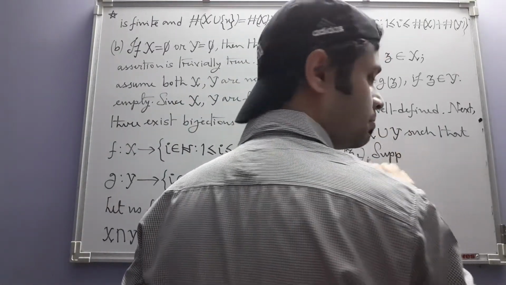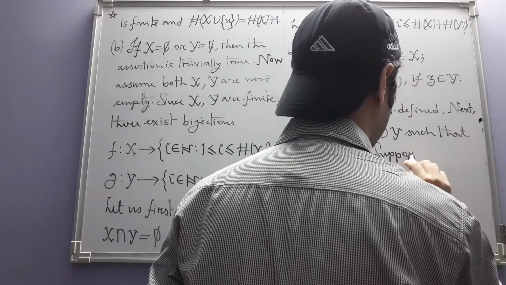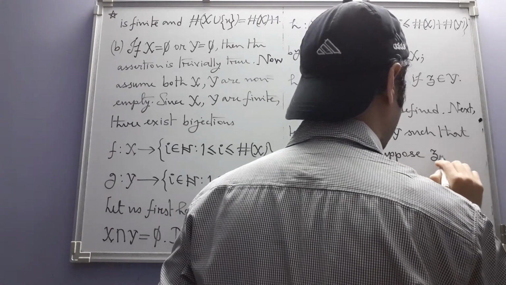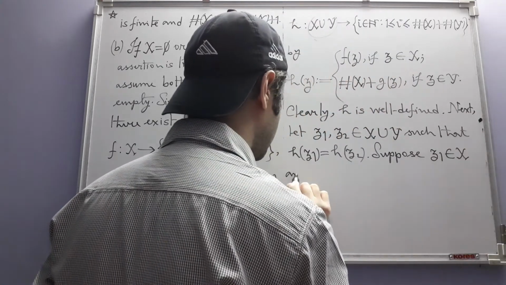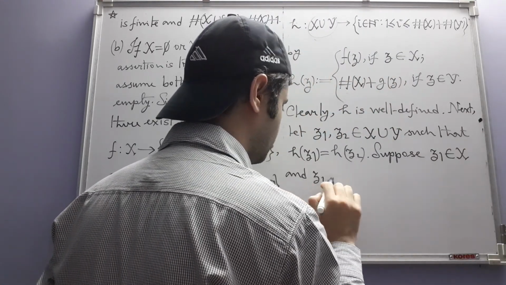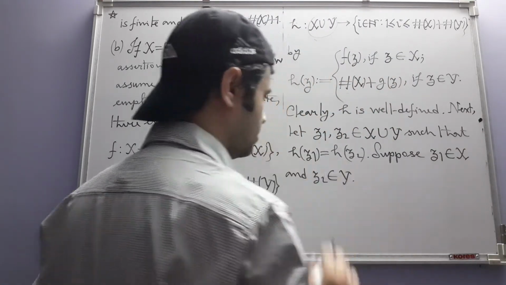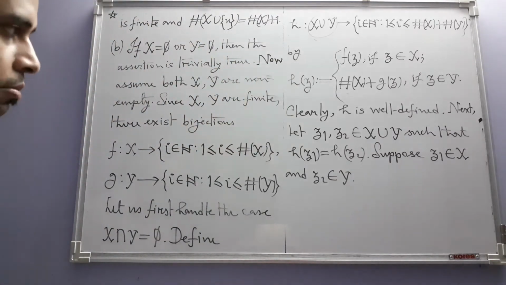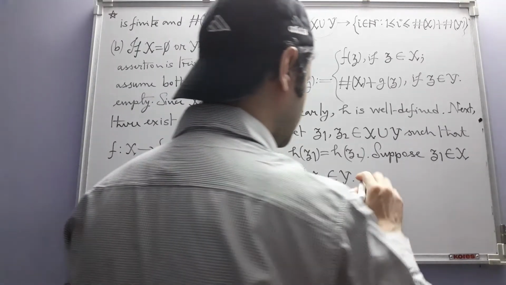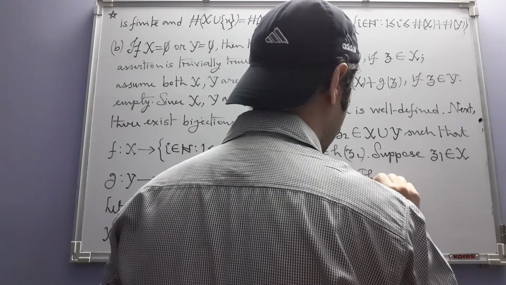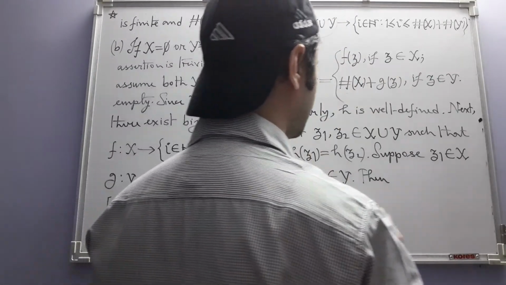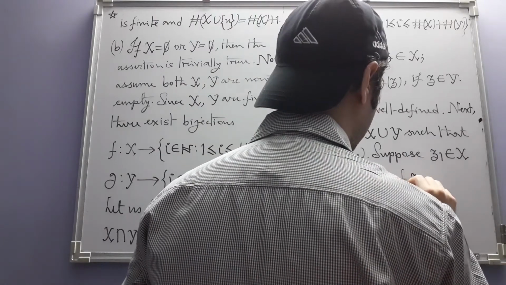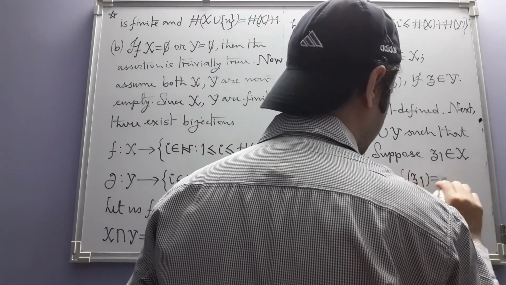Suppose Z1 belongs to X and Z2 belongs to Y. Then by the definition of H, H of Z1 will be what? F of Z1.